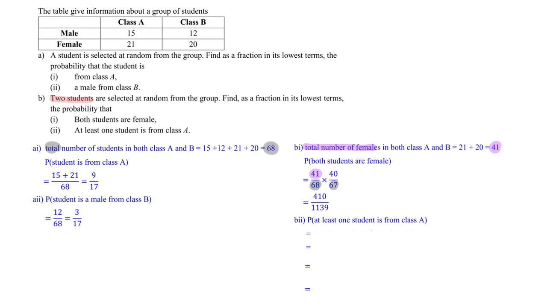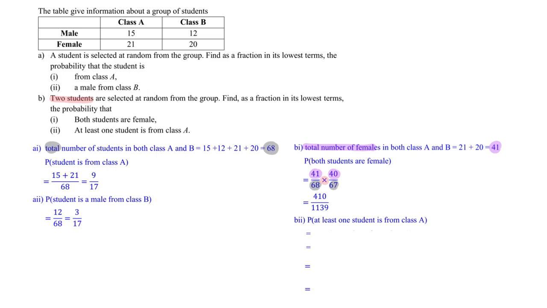How many female students are left after I've taken out one female student? Yes, I'm left with 40 students. And what do I do with these two probabilities? I multiply them. And that will give me 410 over 1139.